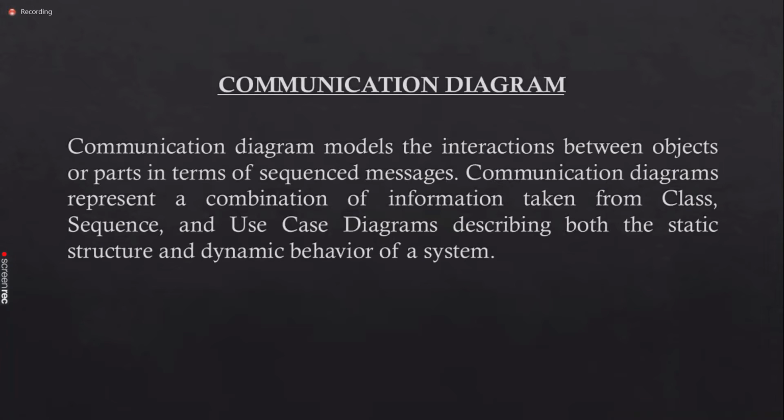Good afternoon, everyone. I'm Madhavi from CS11, roll number 5. I'm here to talk about the communication diagram. A communication diagram, also known as a collaboration diagram, depicts the relationships and interactions among software objects. They are used to understand the object architecture within a system rather than the flow of a message.